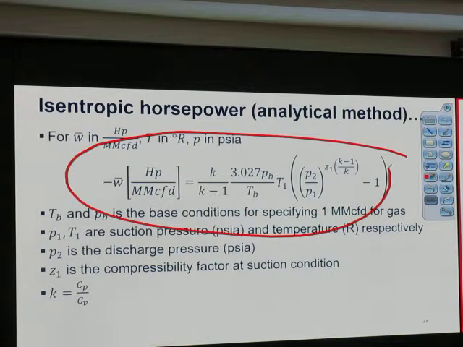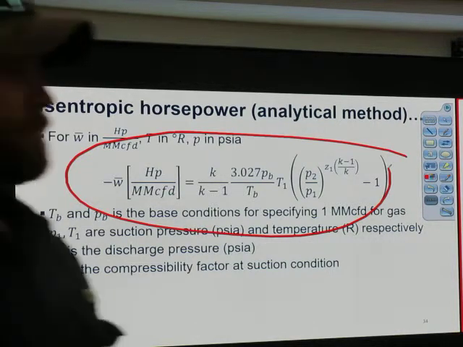Okay? Your job is to understand what the assumption of this equation is. The assumption is this is for isentropic horsepower, constant S. It neglects all the loss, it neglects all the elevation change, it neglects all the kinetic energy change. Okay? That's your job. And we have the final equation as this.